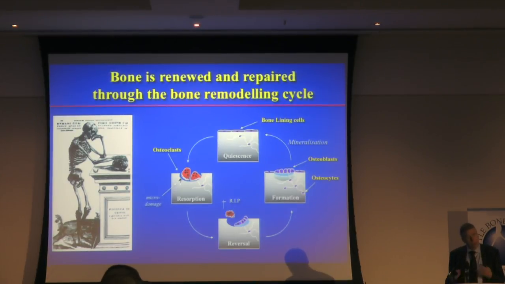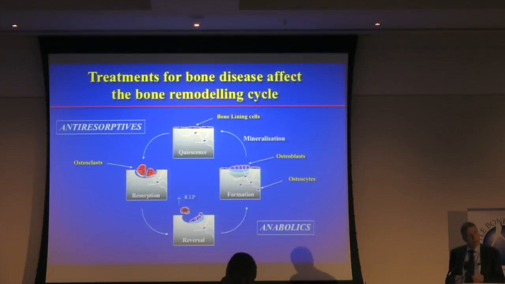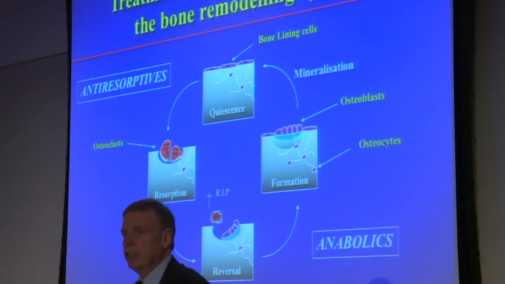But in osteoporosis, and probably in osteogenesis, there may be an imbalance between these processes, and that can cause bone loss or bone damage. The treatments that we use, both for osteogenesis and for osteoporosis, affect this cycle. And there are two types. One is called anti-resorbatives, that's what us docs call them.